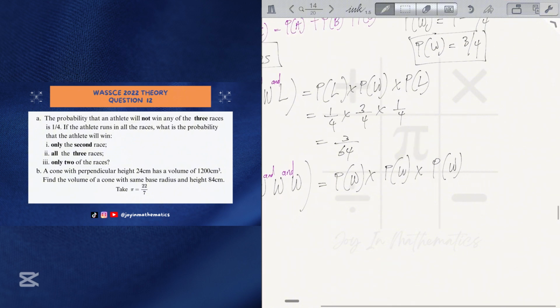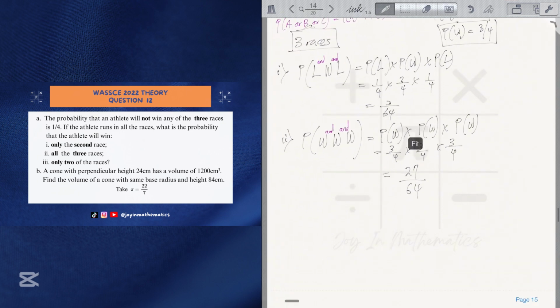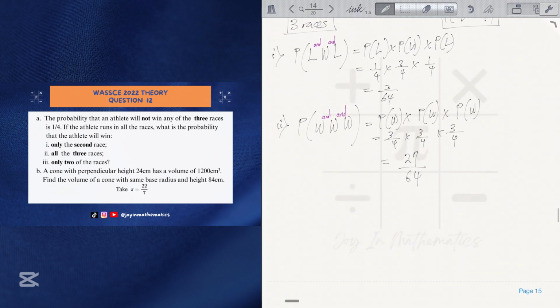So the probability of winning is 3 over 4. So this means we'll have 3 over 4 multiplied by 3 over 4 multiplied by 3 over 4. And this will result into 27 divided by 64. So the probability that he will win all the 3 races is 27 divided by 64.